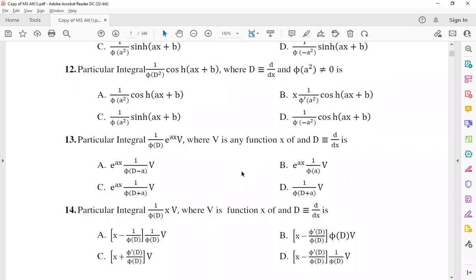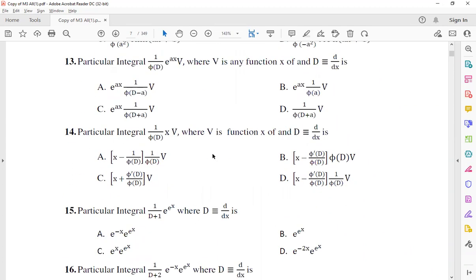Take E raised to x out, and D is replaced by D plus a. Plus, not minus. Take E out and whatever is the power of E, you add it to D. So which one is correct? E is out, power of E is a, it is added to D and it will apply on v. So C is the correct one.